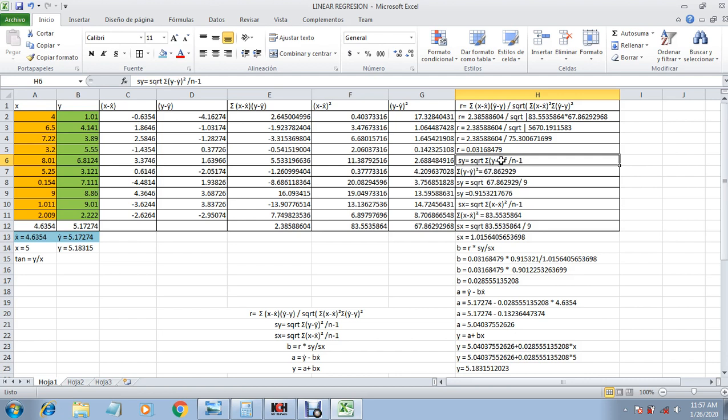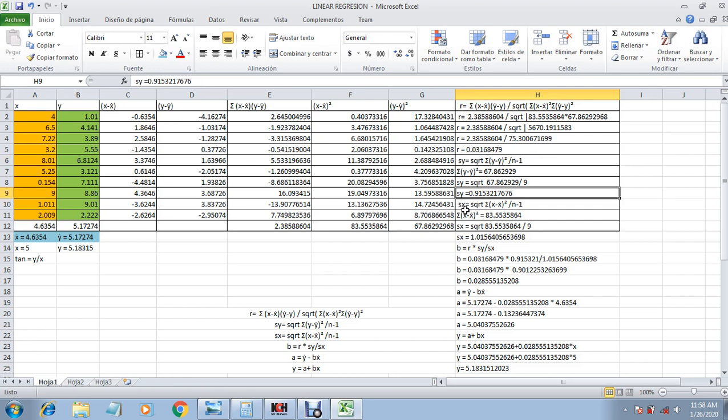We separate our top part in this equation to give this number, and then we square it. Multiplied, divide 67 over 9, and then we square it to give this value.